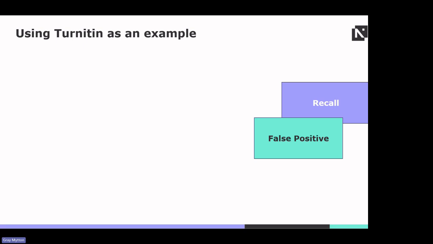You've probably got it switched on in your Turnitin service. But secondly, Turnitin are also one of the most transparent tools out there. They have published a white paper that tells us about the technology that sits behind their tool, and they've published some values linked to these two terms on the screen. So that's why I'm using that one.